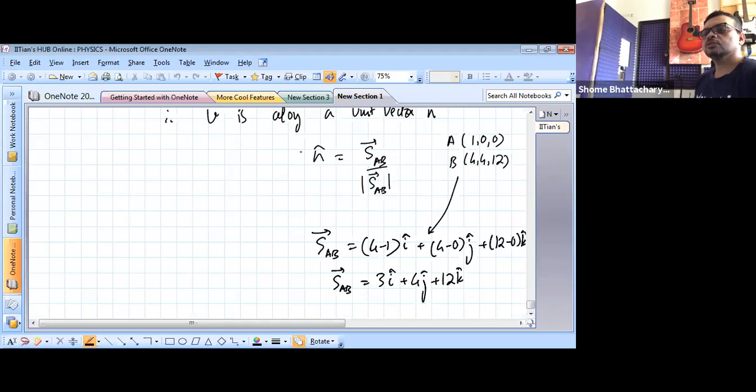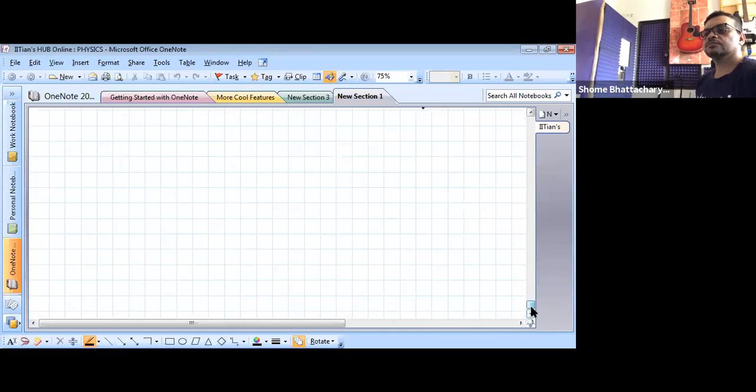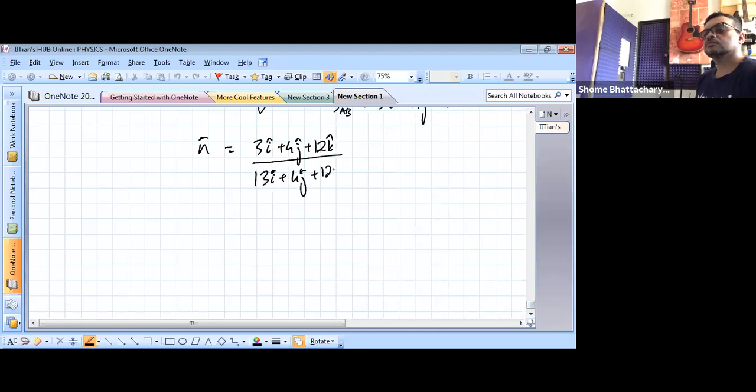So what about the unit vector now? This unit vector will become this displacement divided by its own magnitude. So it will become the displacement divided by square root of x square plus y square plus z square.